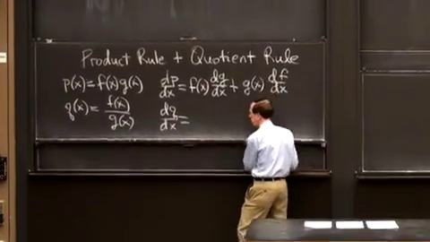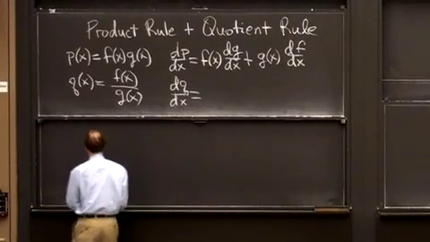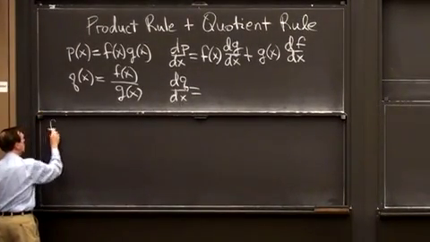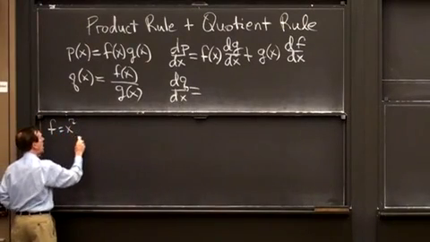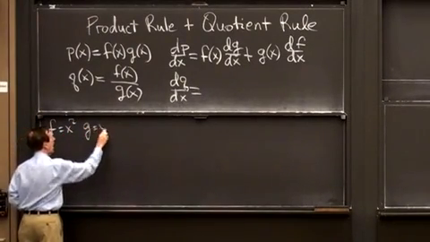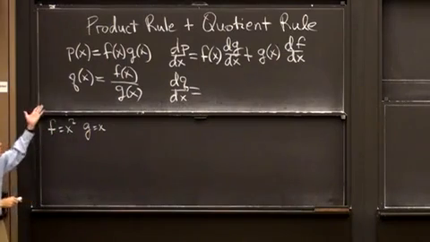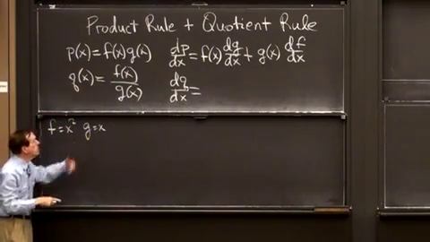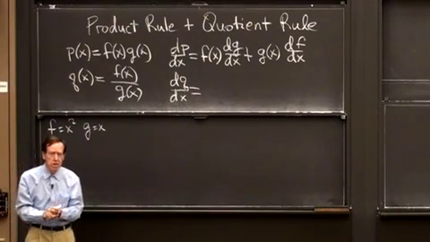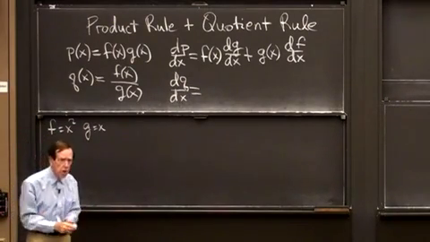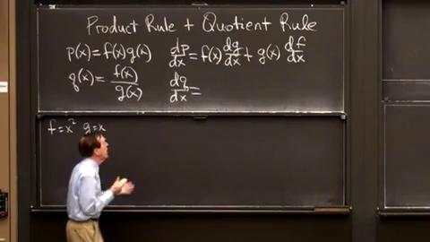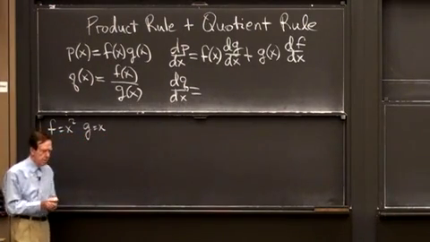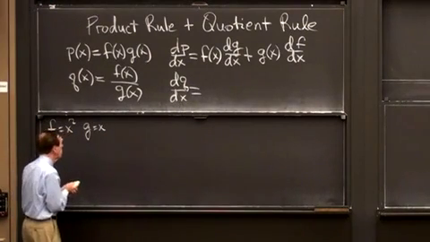Let me take as a first example f of x equal x squared and g of x equal x. So then what is p of x? It's x squared times x. I'm multiplying the functions. So I've got x cubed, and I want to know its derivative. And I know the derivatives of these guys. So what does the rule tell me?